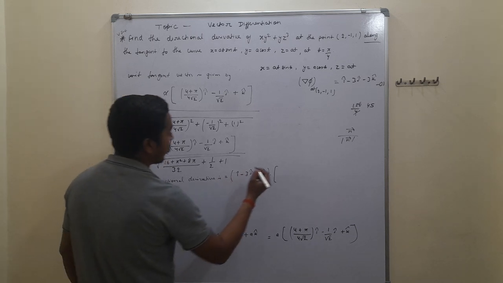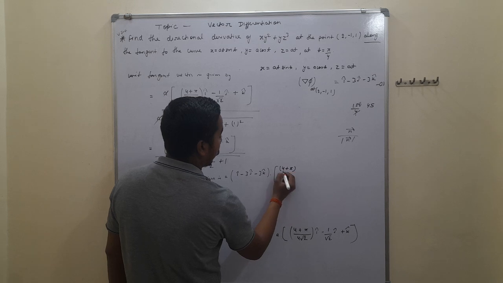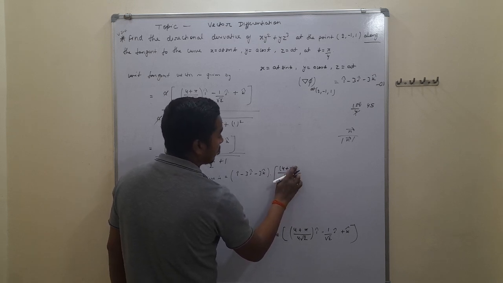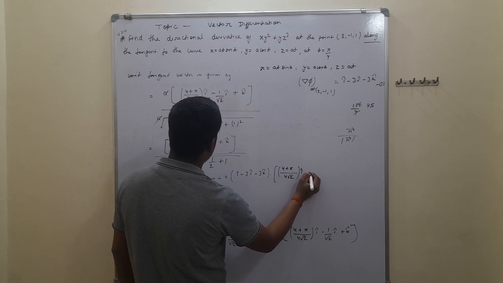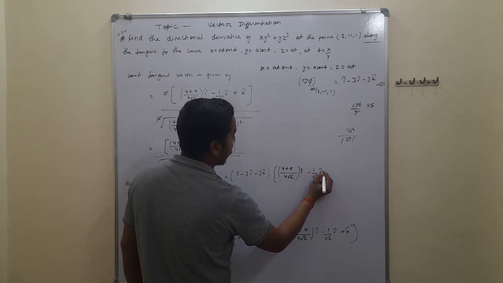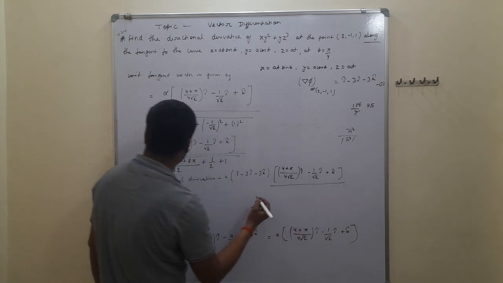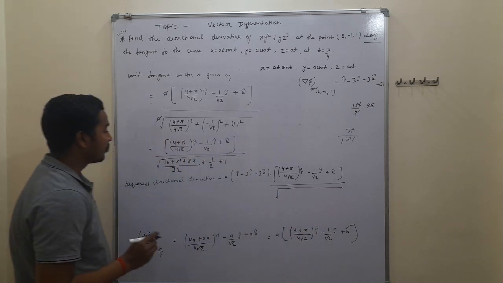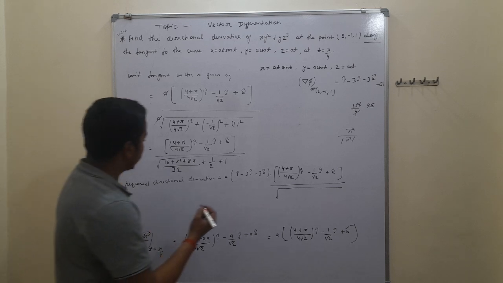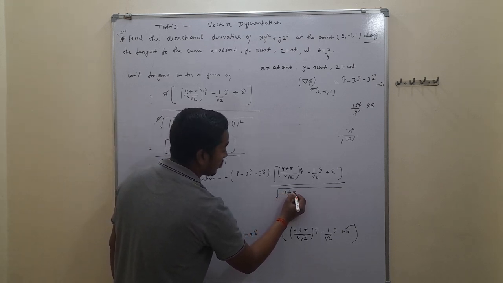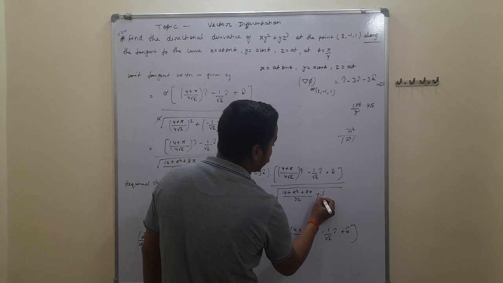So we write here (4 + π)/(4√2) i cap and minus 1/√2 j cap plus k cap, upon under root of 16 + π² + 8π over 32, plus 1/2 and plus 1.